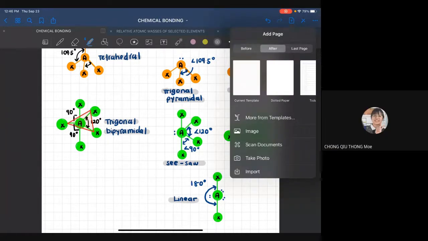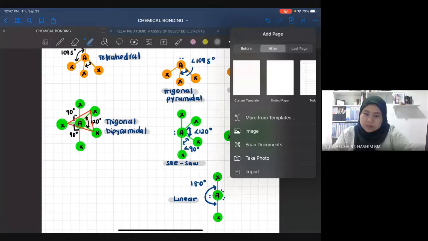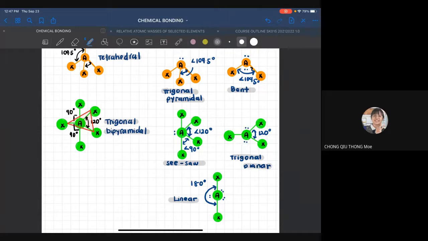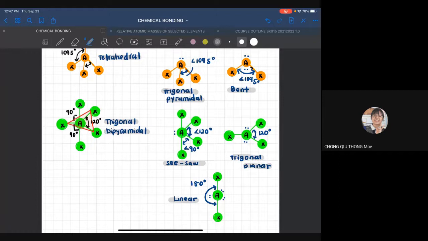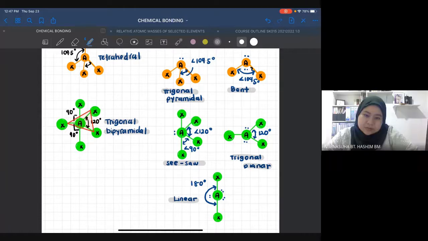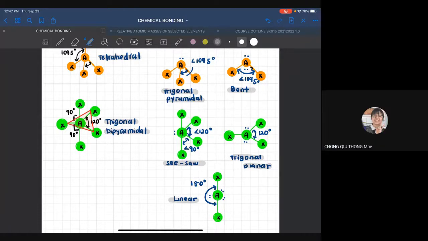Last, Madam, one. Memang boleh kita draw dalam straight yang linear dengan trigonal planar tu. Nak draw macam mana tu? Jadi kalau kita draw yang linear untuk Trigonal Bipyramidal tu, kita draw secara melintang seperti linear yang normal.